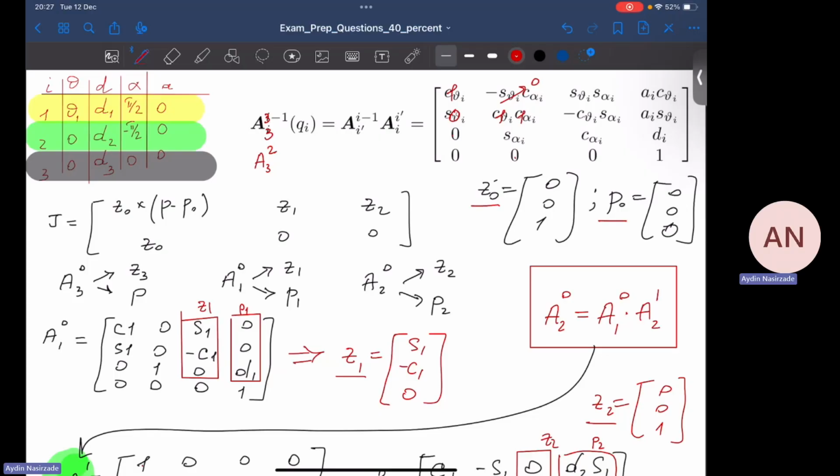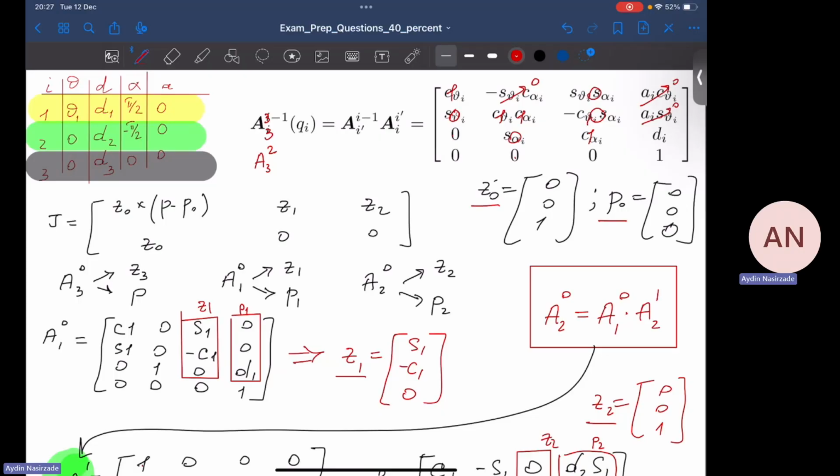So sine of alpha 3, sorry, is 0. That's why it's going to be 0 as well. This is going to be 0 as well, because we have sine of 0 here. Then we have cosine of alpha 3, which is 0, and cosine of 0 is going to be 1, and 0 here. A3 is 0, 0.